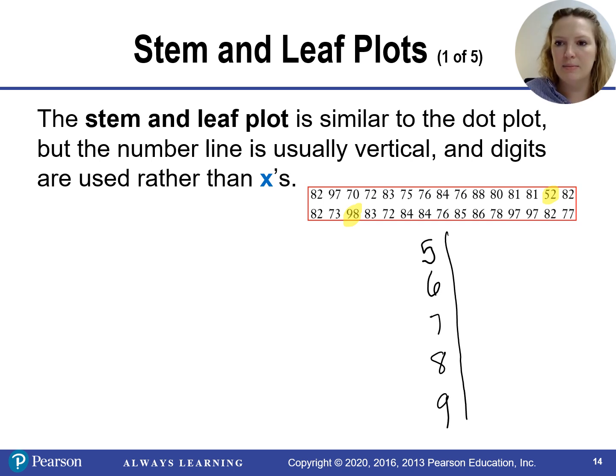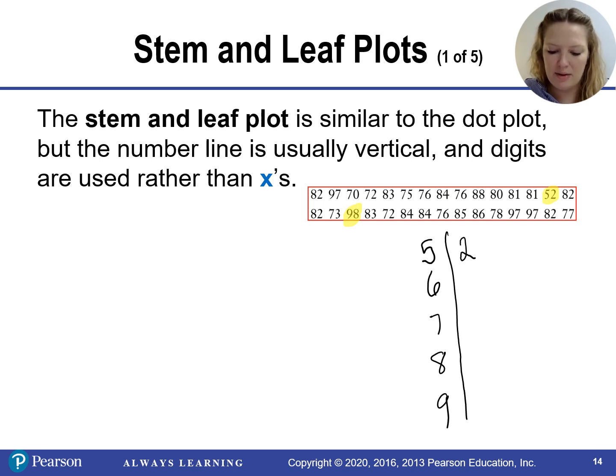So to construct a stem and leaf plot, I will use the second digit in my data set values as my leaves. So 52 was one number, so I would read this as the number 52. Then I would look for any values that are in the 60s, and I actually don't have any here.